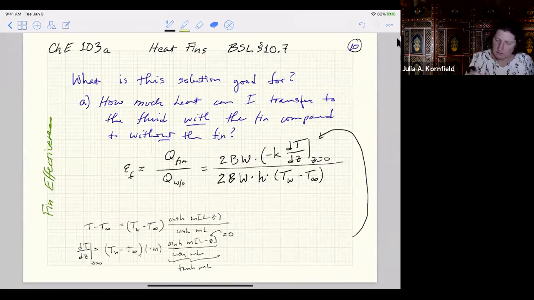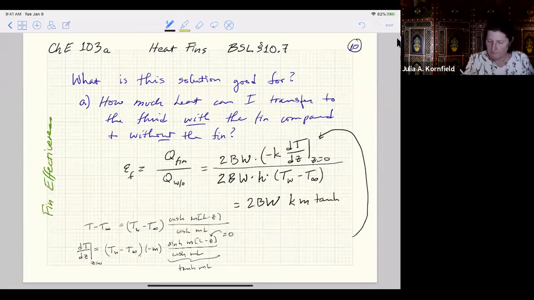So the numerator is going to have 2bw, minus signs are going to cancel, and I'm going to get k times this m times tanh mL multiplied by this T wall minus T infinity.